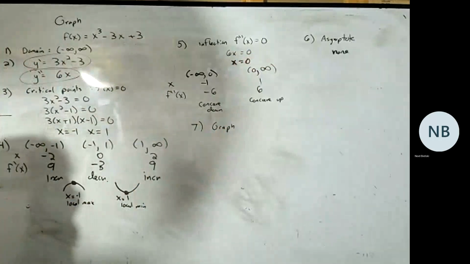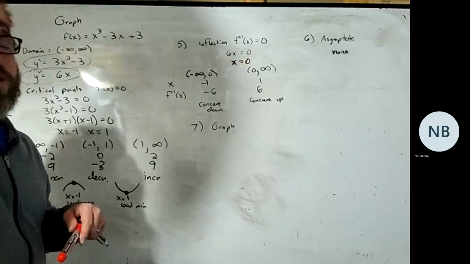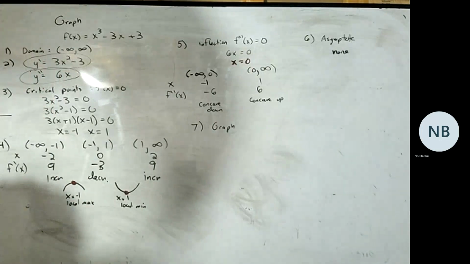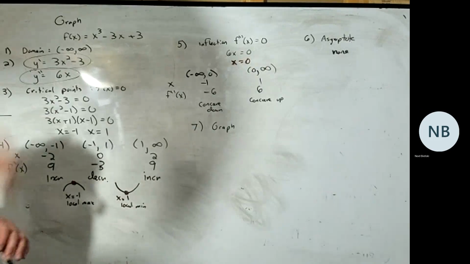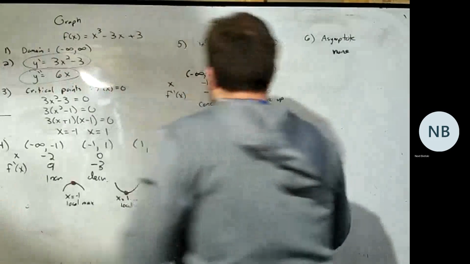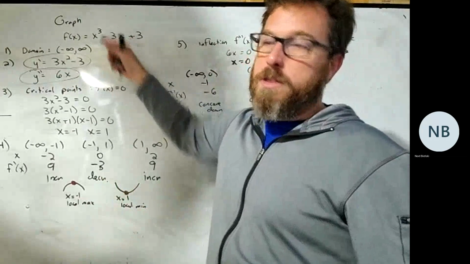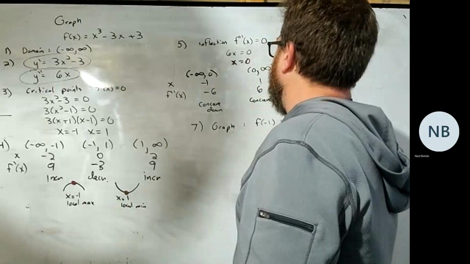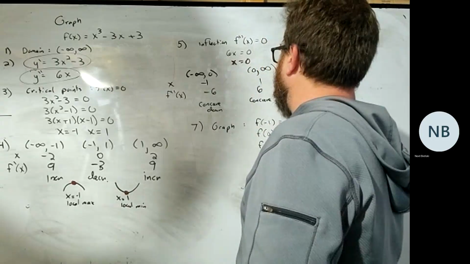I know the book asks you to find all x-intercepts and so on, but really just find the points that came from calculus, like your local extrema and your inflection points, and you'll get a nice enough graph that's acceptable. So I'm going to plug these into the original function to figure out their y values: what is f of -1, f of 0, and f of 1.